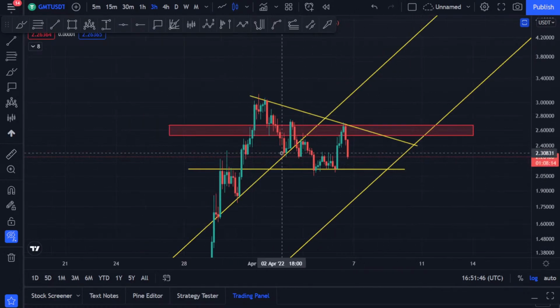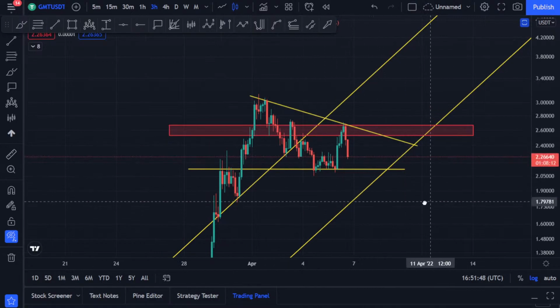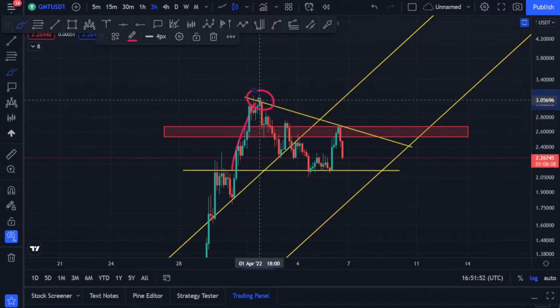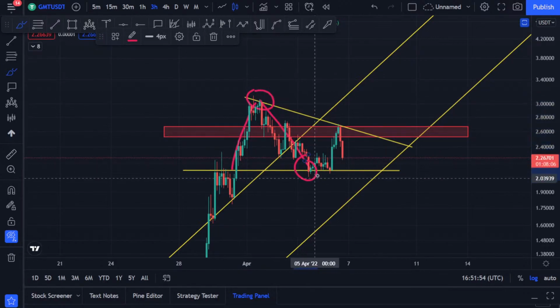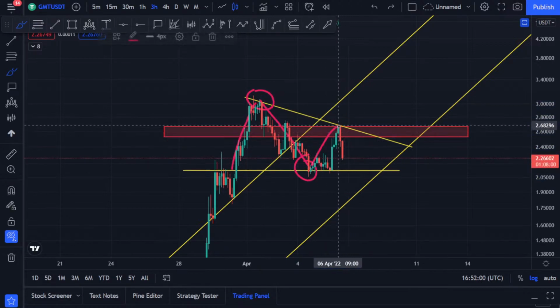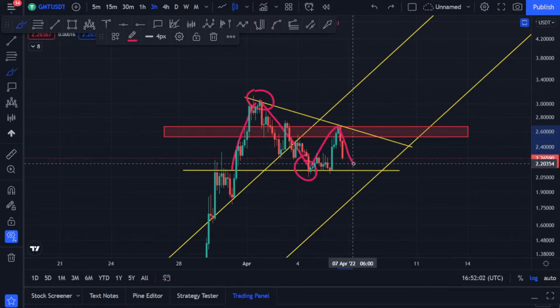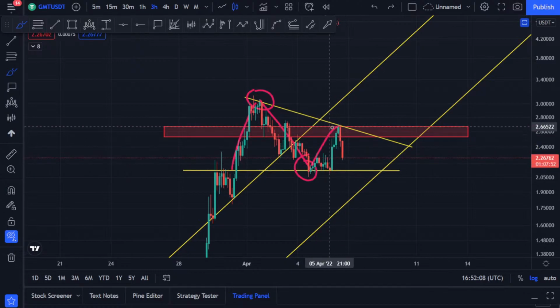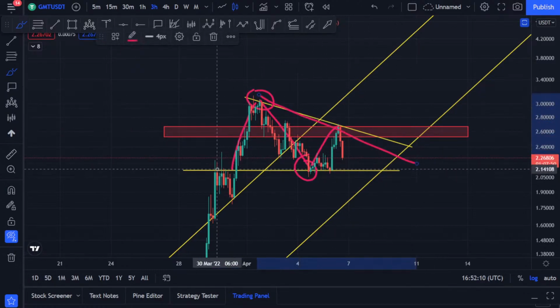If you pay close attention to this pattern, it went up, hit the resistance, came down, found support, broke this resistance line, went up, hit this line, and it's coming back down, probably to $2.12. Now I can be completely wrong here, but that's what this pattern is looking like.